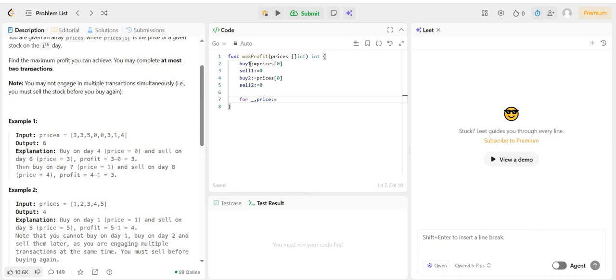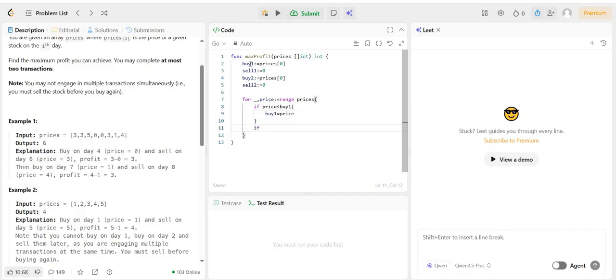So simply for price in range of prices. Now the same thing whatever we are doing there: if price is less than buy1, then buy1 will be price.